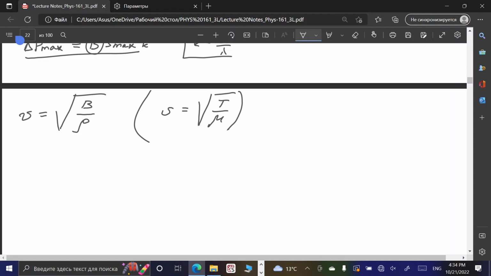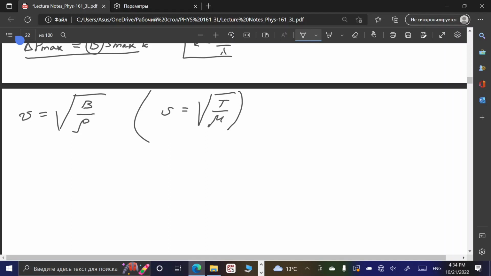In this case we deal with bulk density, here with linear density. So if we want a medium with very high speed of sound, we want a very strong material which resists compression very much, and lightweight.